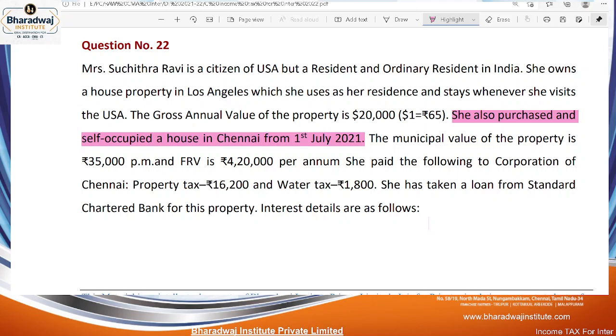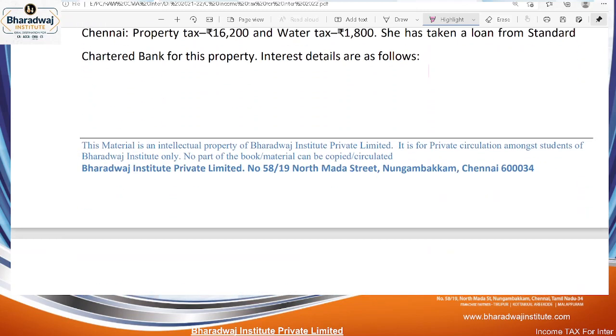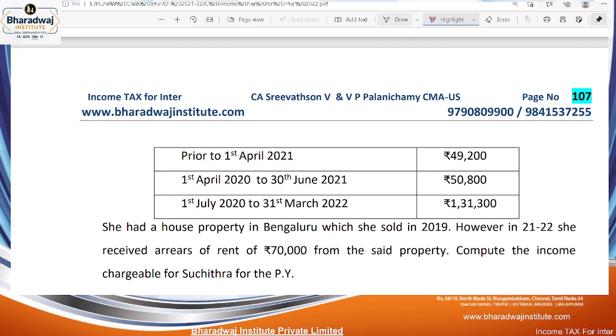She purchased it, so there is no construction involved, and there is no pre-construction period. All these things are given to you just to confuse.